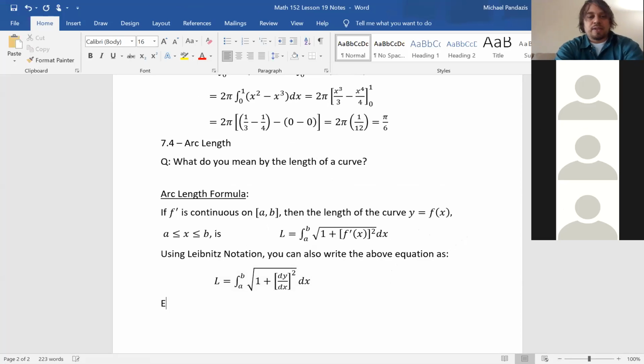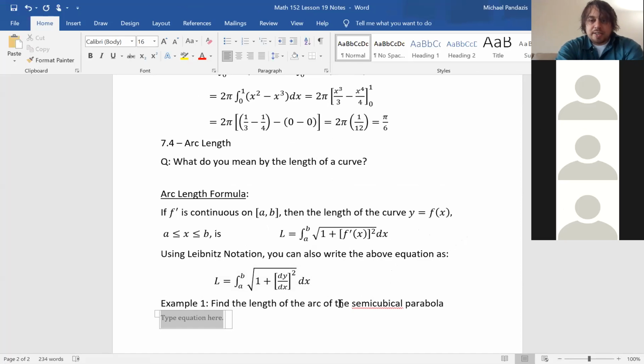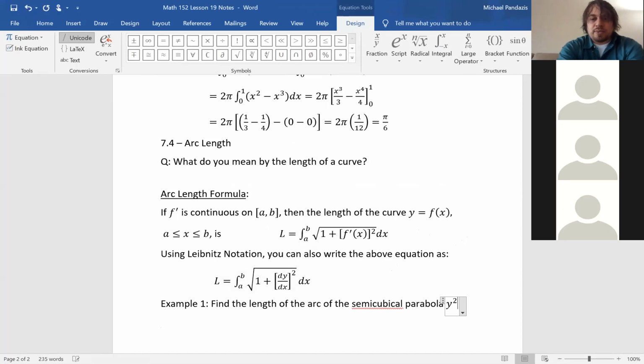So this is example 1. Find the length of the arc of the semi-cubical parabola y squared equals x cubed.